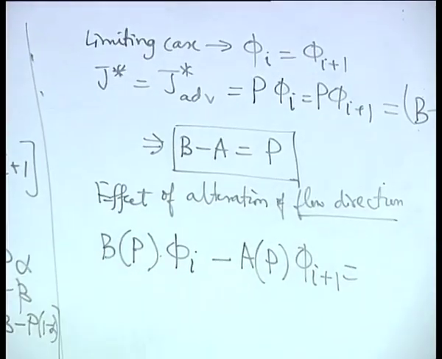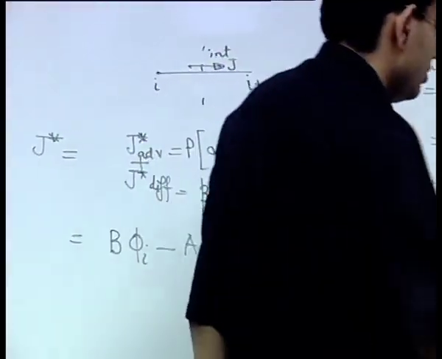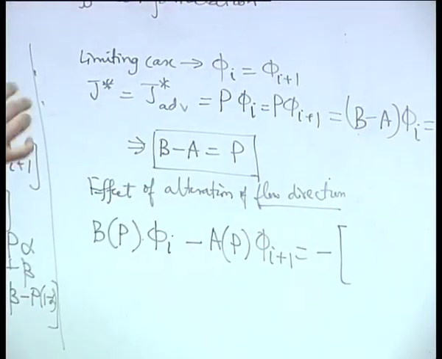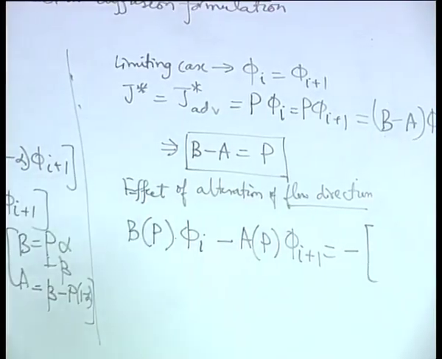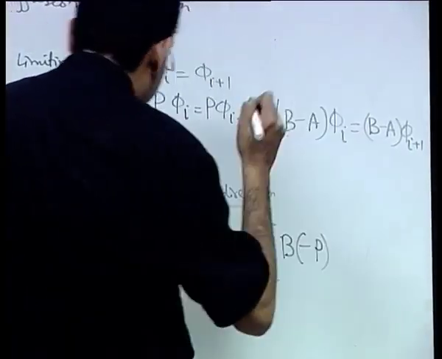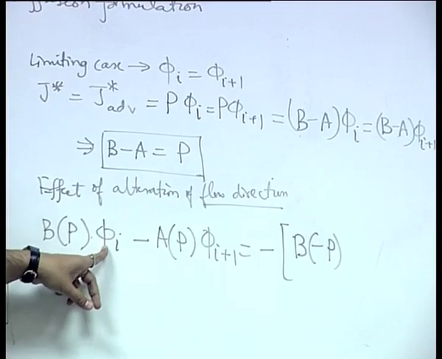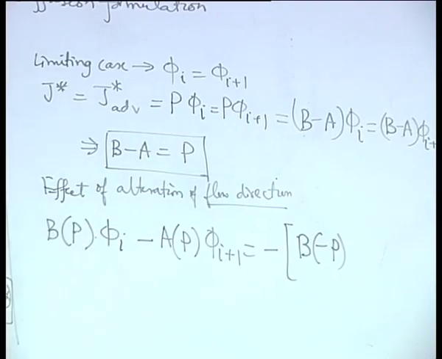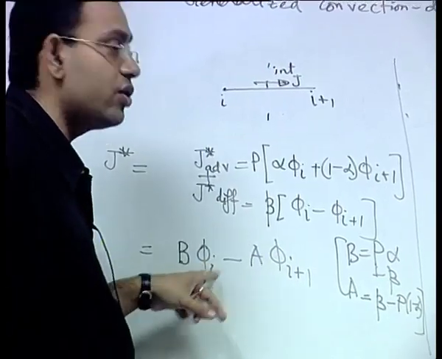So, this will be the negative of the transport with the reversed direction. With the reverse direction now B of P will become minus P, and in place of phi I it will be phi I plus 1 because now the transport is from I plus 1 to I. Remember, when you are writing B phi I minus A phi I plus 1, transport is from I to I plus 1.